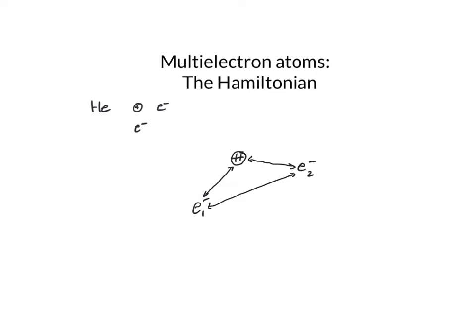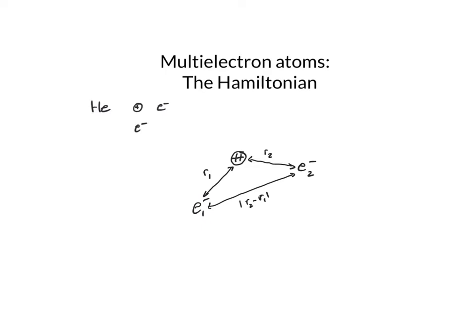So if we designate R1 as the distance that electron 1 is from the nucleus and R2 as the distance that electron 2 is from the nucleus, then the distance between the 2 electrons at any given time is the difference between R2 and R1, that vector difference.